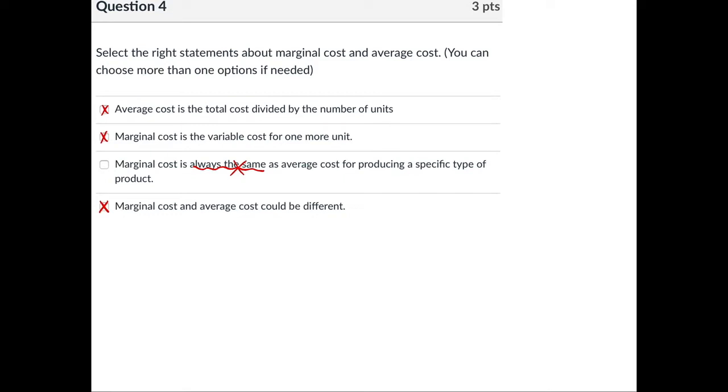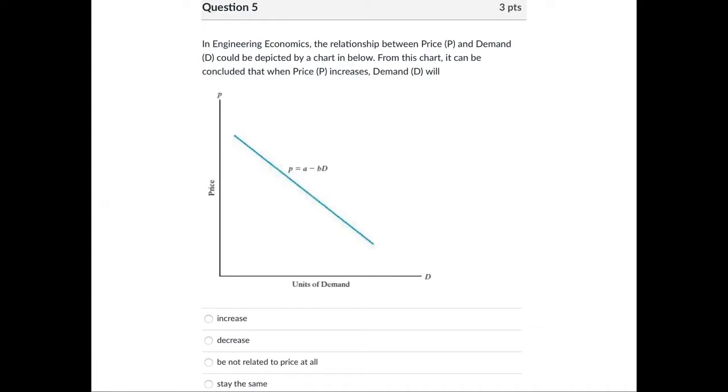That's right. Remember that we have shown a table listing the cost for each 1 more unit. Remember that? And then we calculated the average cost and the marginal cost, and we compared them, and we found the conclusion that they could be different. And usually, in many cases, they are different.